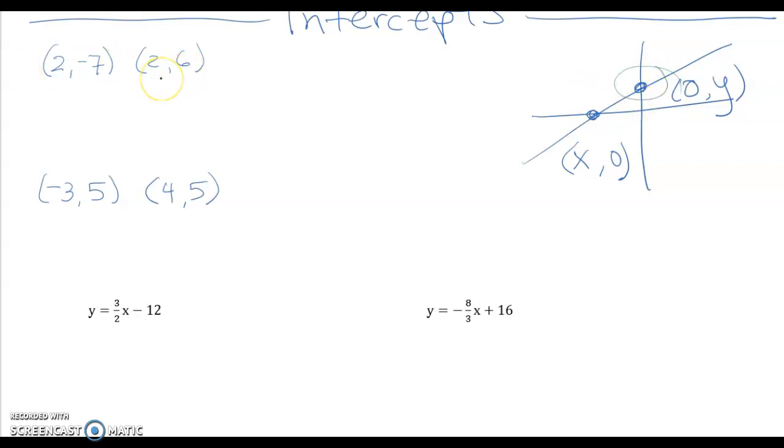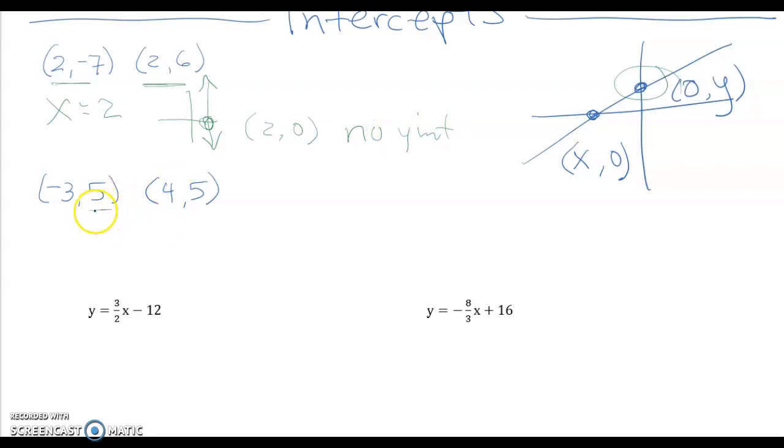If we look at this line, oh, look, I can't be fooled. The x is always the same. It's x equals 2. That means it's a vertical line with undefined slope. That means my x-intercept has to be 2, so 2, 0. But that line is parallel to the y-axis, which means there's no y-intercept.